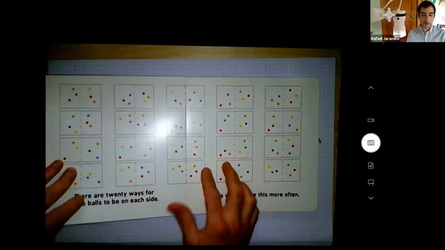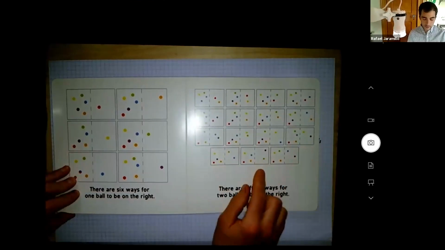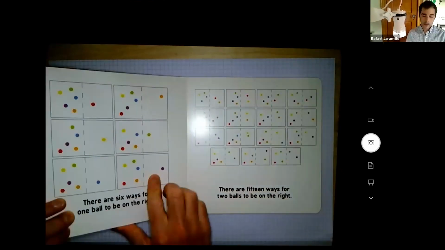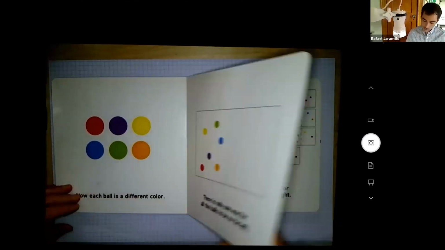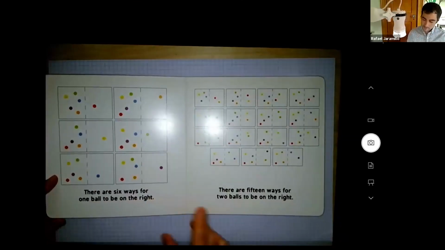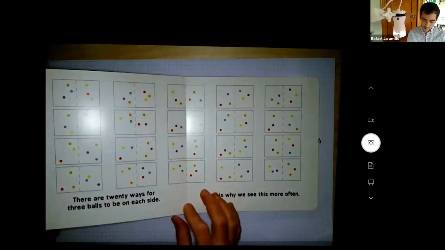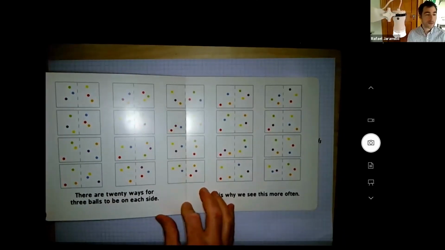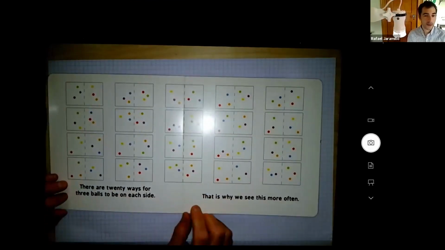And then we're going to have another 15 with the particles weighted more to the right, another 6, and another 1 with the particles fully on the right. So we have 1 plus 6, that's 7, plus 15, that's 22. 22 times 2 is 44, and then 20 makes 64. So we have 64 total microstates.